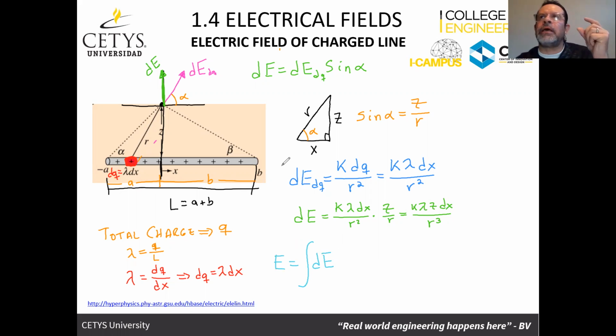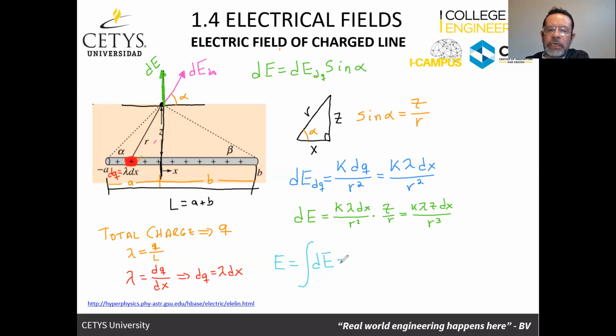Imagine that the line is comprised of an infinitesimal amount of point charges. So I know how to calculate the electrical field of a point charge. If the line is an infinitesimal amount of point charges, I have to add them all up. And that's what the integral does.